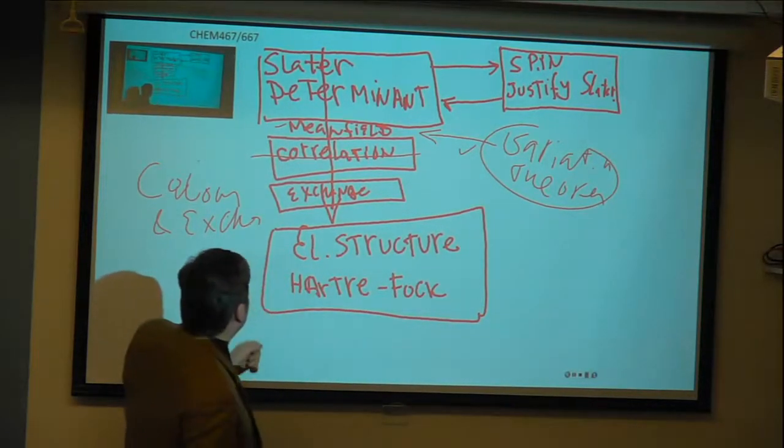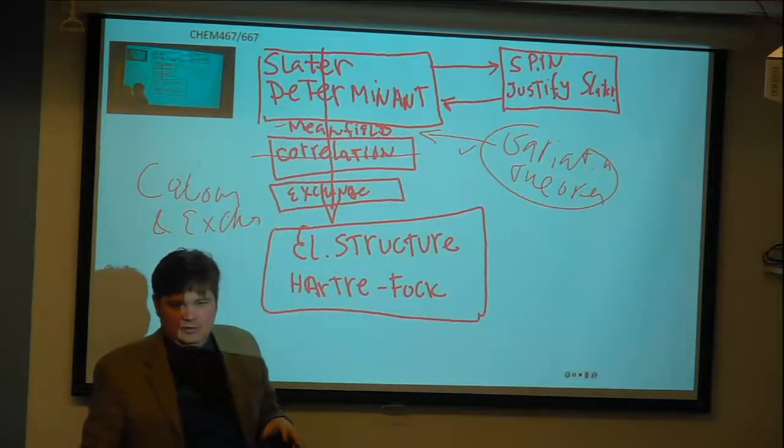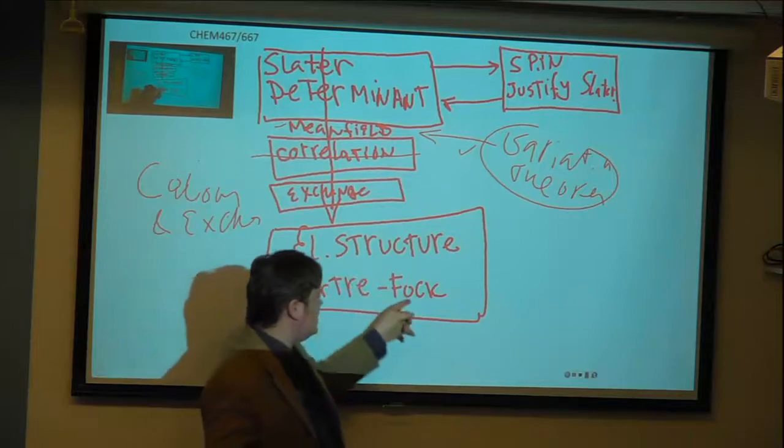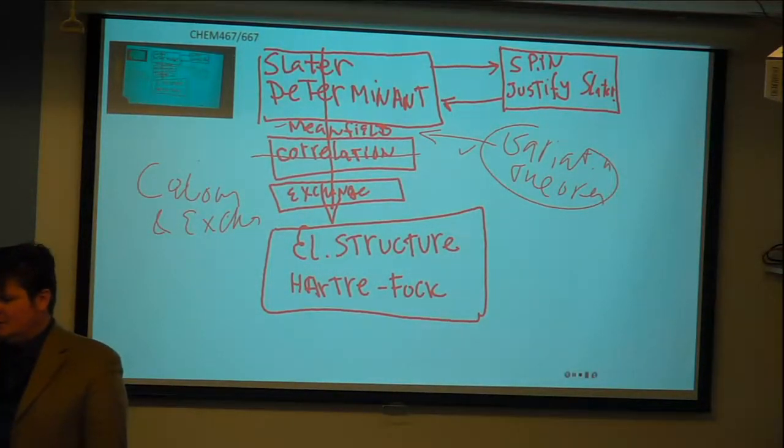And if time allows, we will go to the concept of exchange. If not, we will do it next time. Then the last thing will be the flowchart of the algorithm, how this stuff is done.